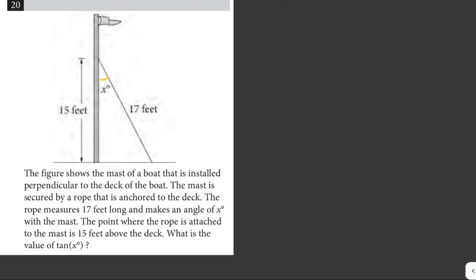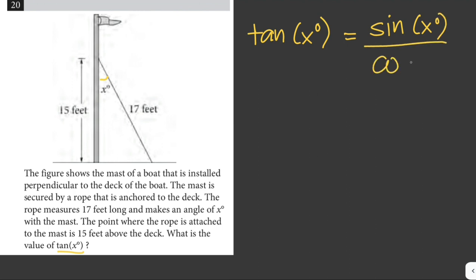Well, that is our unknown. So we are asked for tangent. So tangent is just sine over cosine. So sine of x degrees over cosine of x degrees.